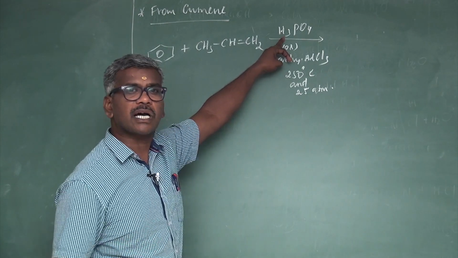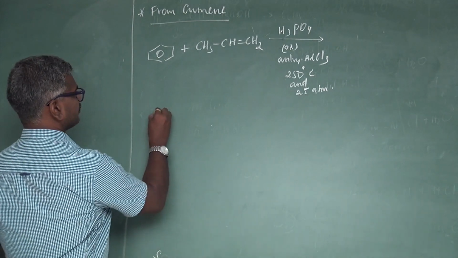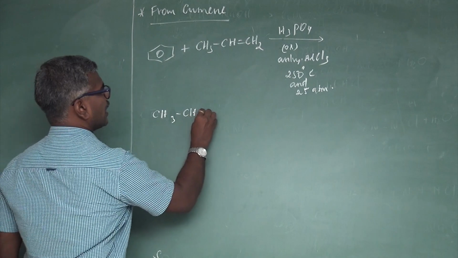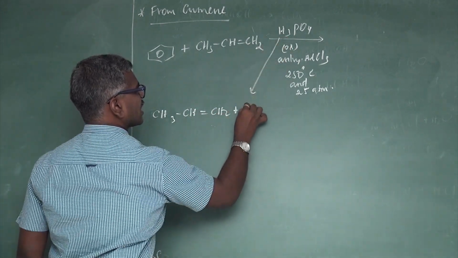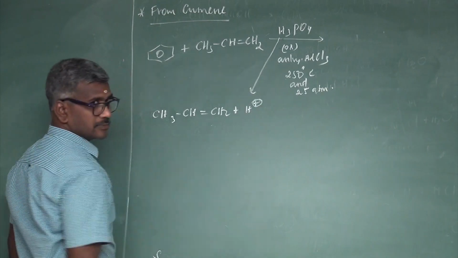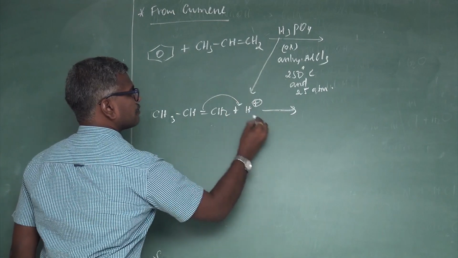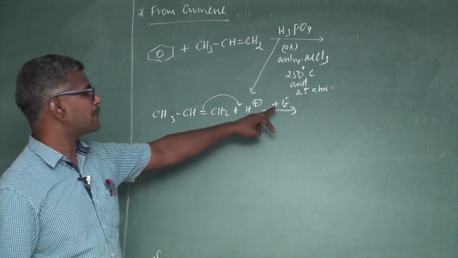How does it react? Orthophosphoric acid produces H+. H+ reacts with unsaturated compounds, for example CH3 CH double bond CH2. This produces the H+. This bond is shifted here by the plus E effect. What is the meaning of plus E effect?